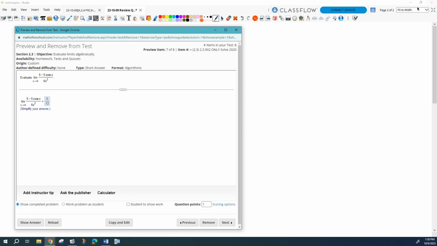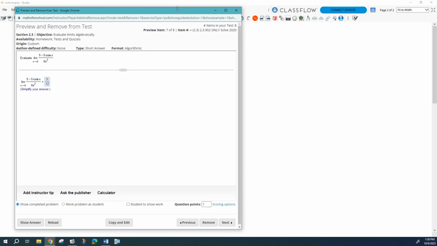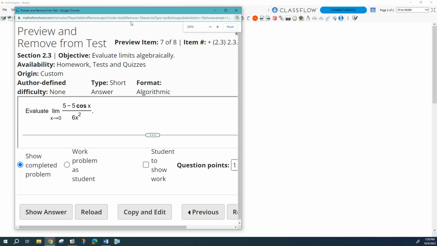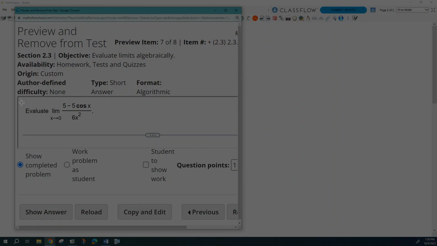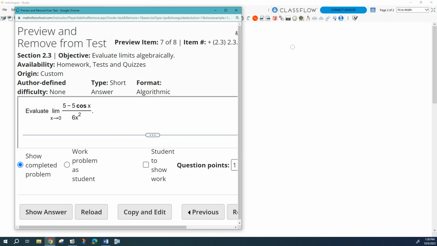Let me pull them both up and you take your pick which one you want to go through. Okay, these are kind of bonus ones.